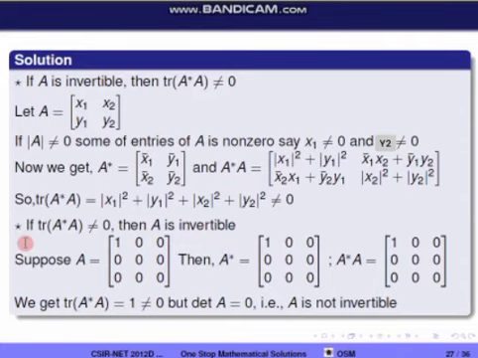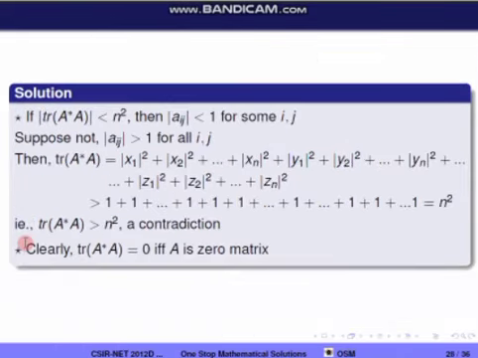Now we'll check option 3. If mod of trace of A star A is less than n square, then mod aij is less than 1 for some ij. Suppose this is not happening. That is, mod aij is greater than or equal to 1 for all ij.